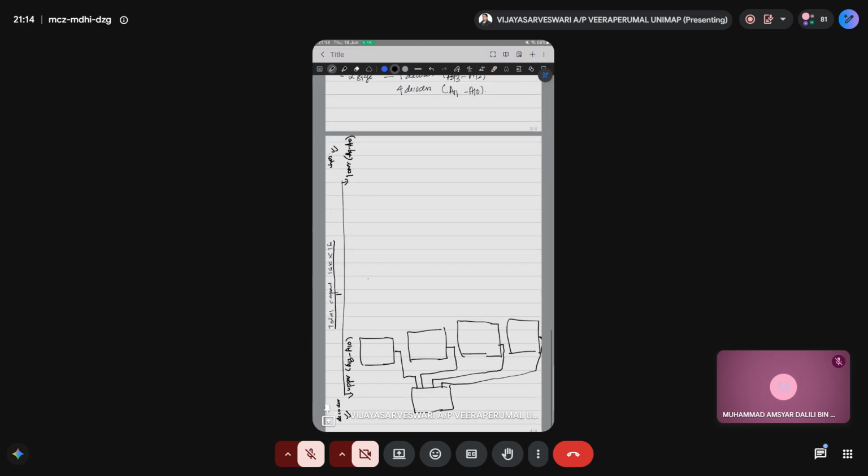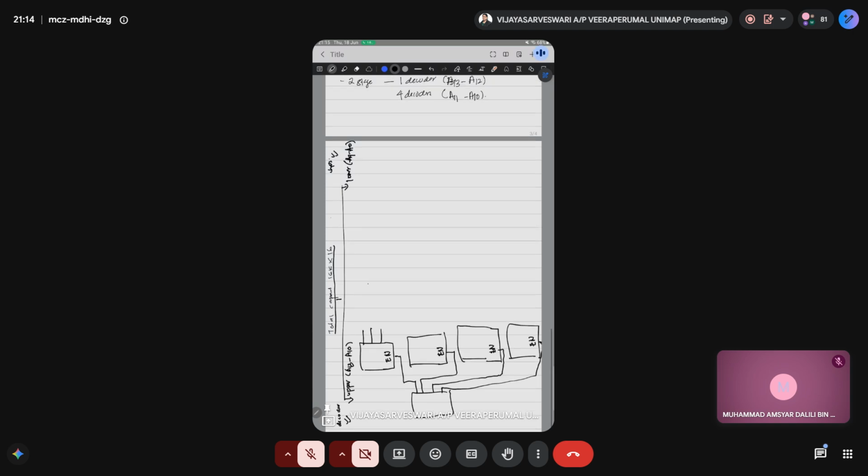So, okay, kenapa kalau untuk every decoder, kita akan ada 2 input and 1 enable for decoders. So yang output dekat sini adalah untuk enables, bukan untuk input. Oh, okay. So untuk kita punya output dekat sini semua adalah untuk enable, bukan untuk inputs kita.